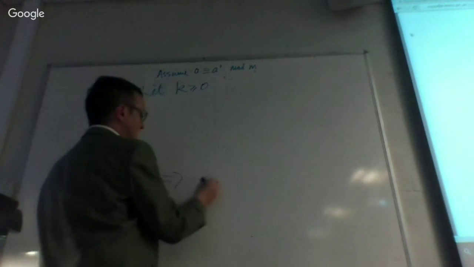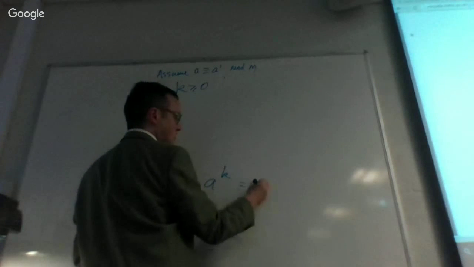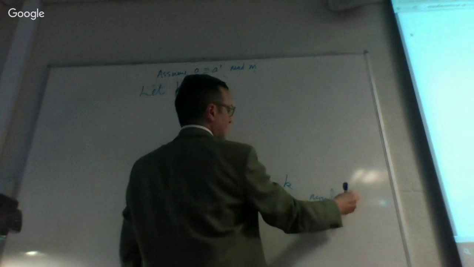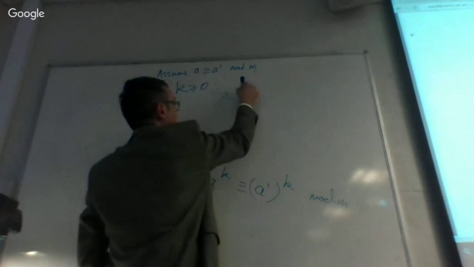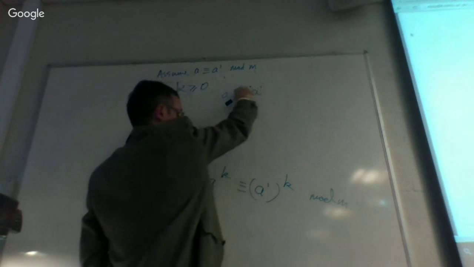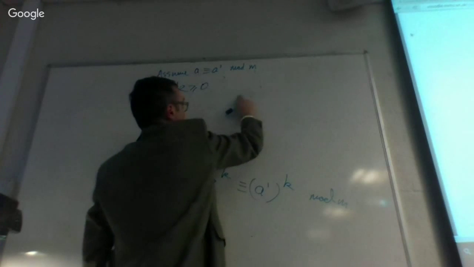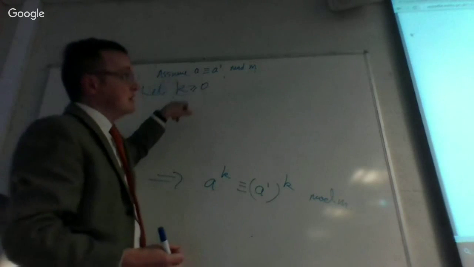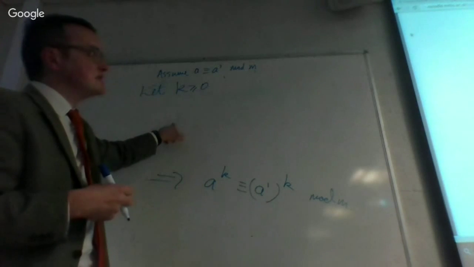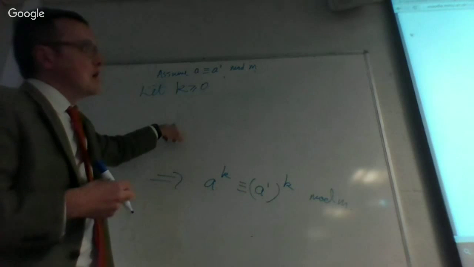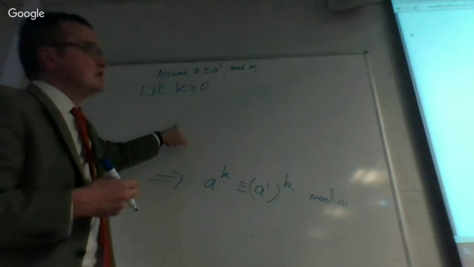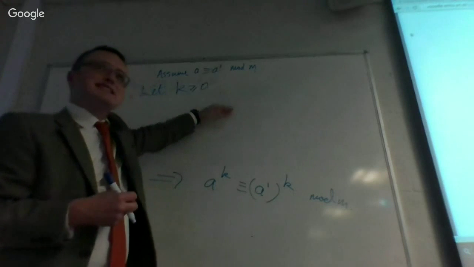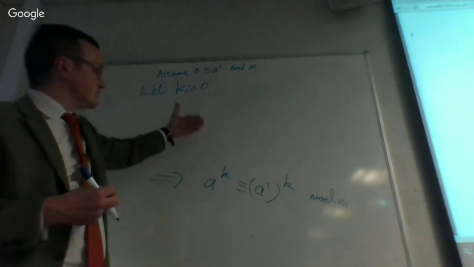Here we want to say that a to the k is congruent to a prime to the k, modulo m. We already know that a is congruent to a prime. That's the assumption up there. Do we need to go down to divisibility statements? Do I need to step down to divisibility and then use properties of divisibility?